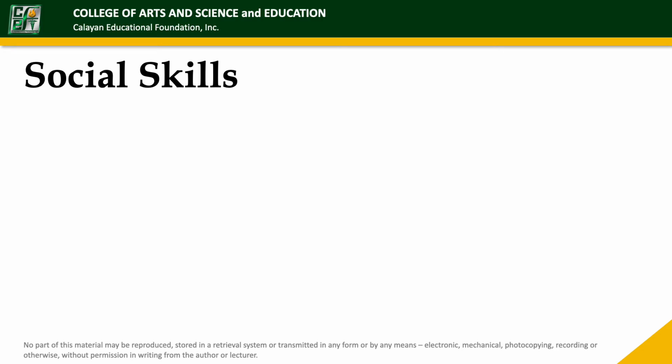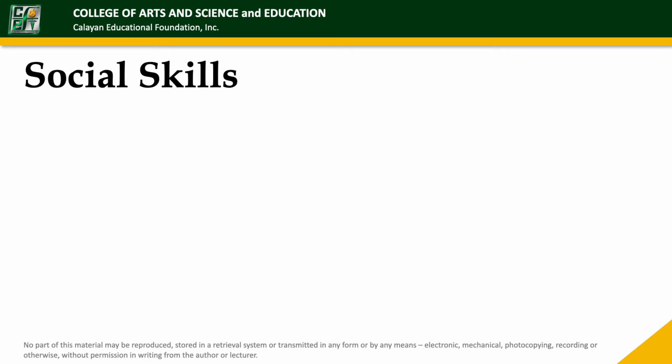So these social skills can be attained through the following. First, gaining ideas, information, techniques, and perspectives from people with different areas of expertise. Meaning, let us not be contented with our own knowledge. We have to deal with other people. We have to gain ideas, information, techniques, perspectives from different people, from people with different areas of expertise.